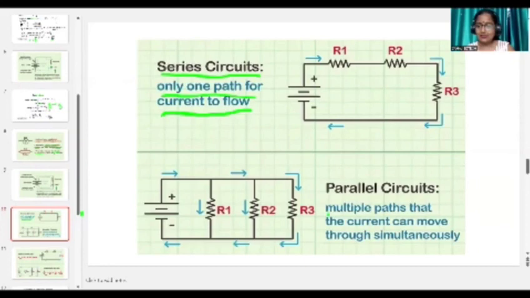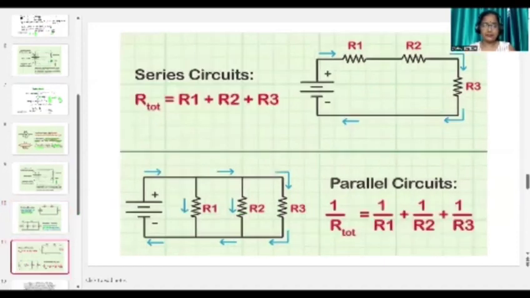Parallel circuit, which has multiple paths. You see, the paths are different. Okay. As you can see, here R1, R2, and R3. So they are different paths, okay, that can move simultaneously at the same point.